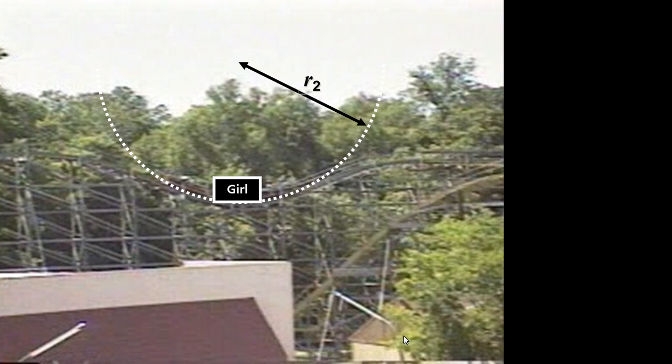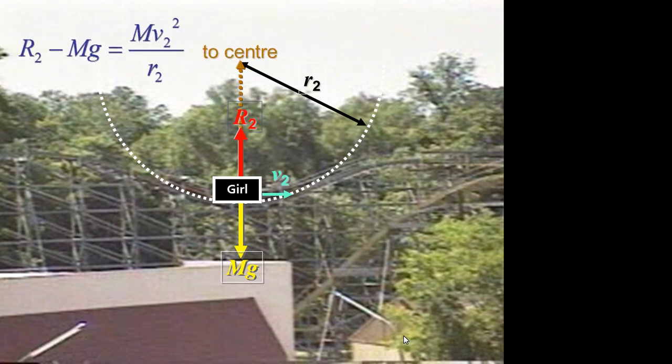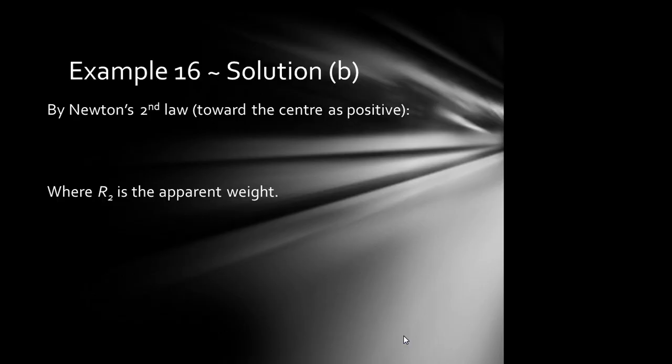So we set up the question the same way we set up all the other circular motion questions. Write the radius down, write the velocities, the weight, and of course now that we're at the bottom of the track, the reaction force acts in the opposite direction. It acts upwards. Right? So the centripetal force is nothing but the reaction force minus the weight now. Okay, that equation is now here.